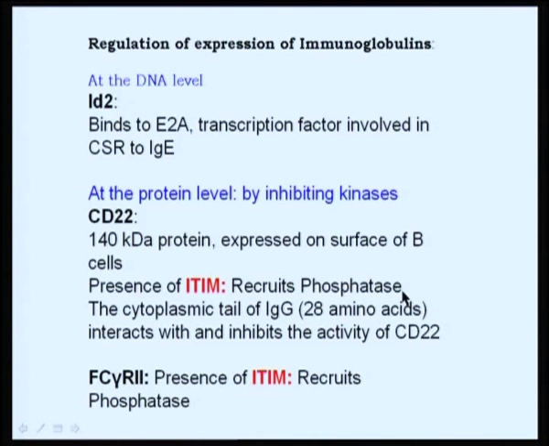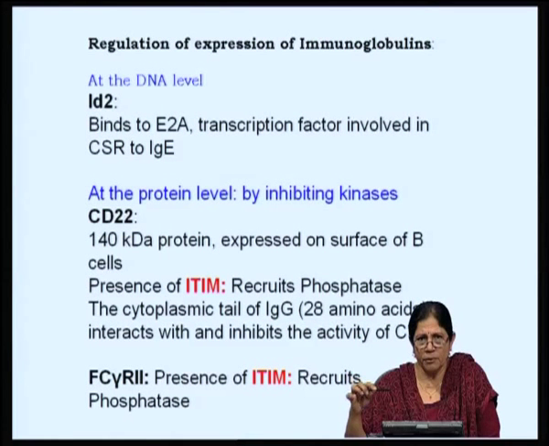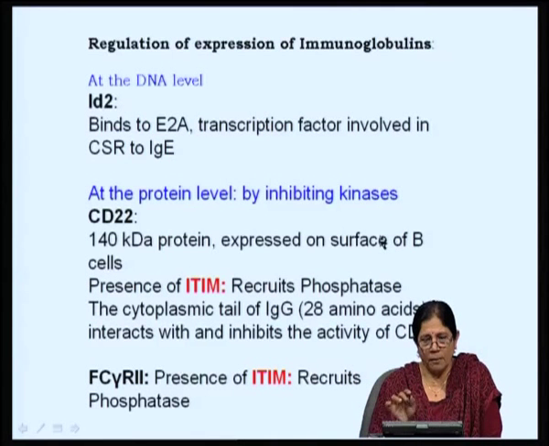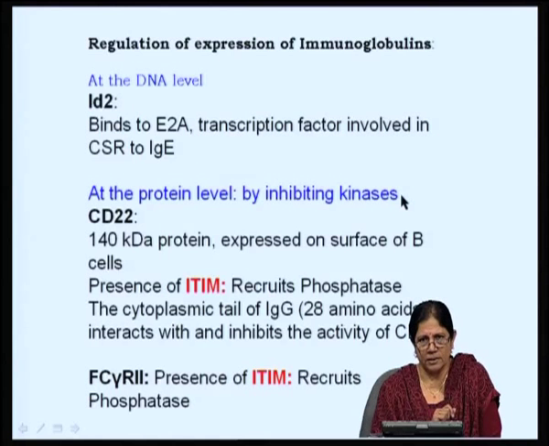This means that, for a B cell that is making IgM and another B cell which is making IgG, it has been seen that the IgM produced by a cell is always much lesser in the number of molecules made as compared to IgG. So, there is regulation by inhibiting kinases.